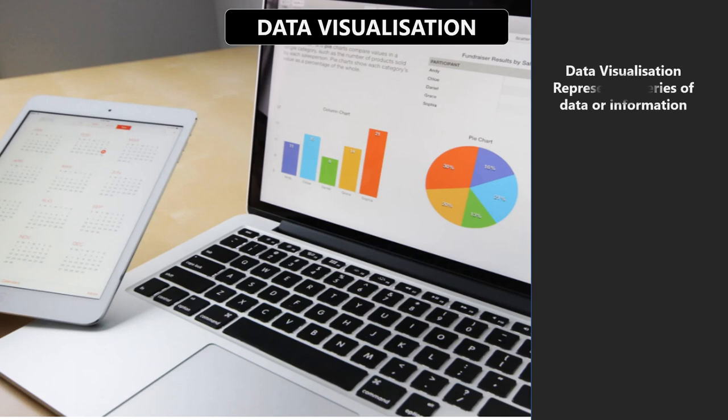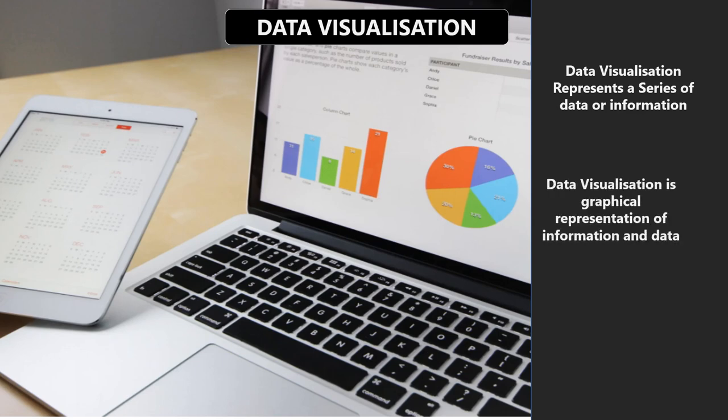Data visualization represents a series of data or information in the form of a chart, diagram, picture, and many more to provide an accessible way to see and understand trends, outliers, and patterns in data. Data visualization is a graphical representation of information and data.